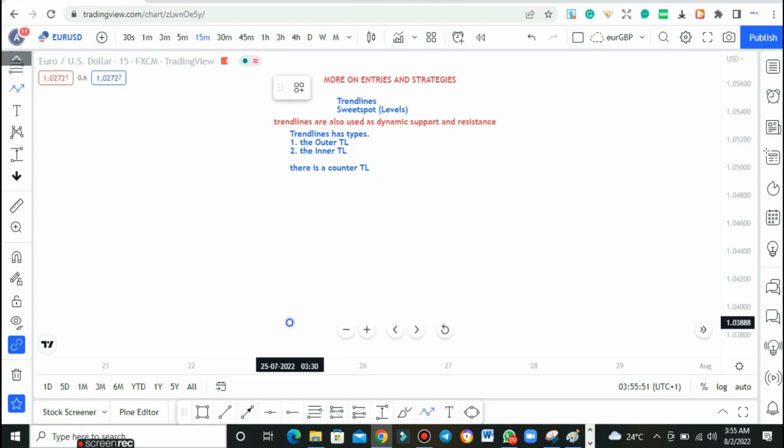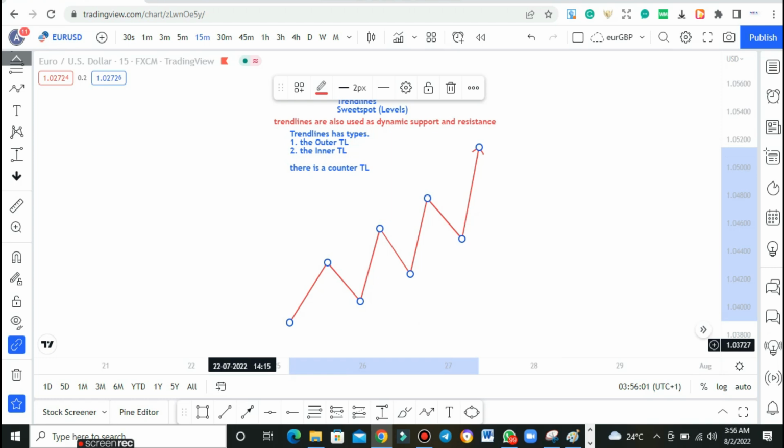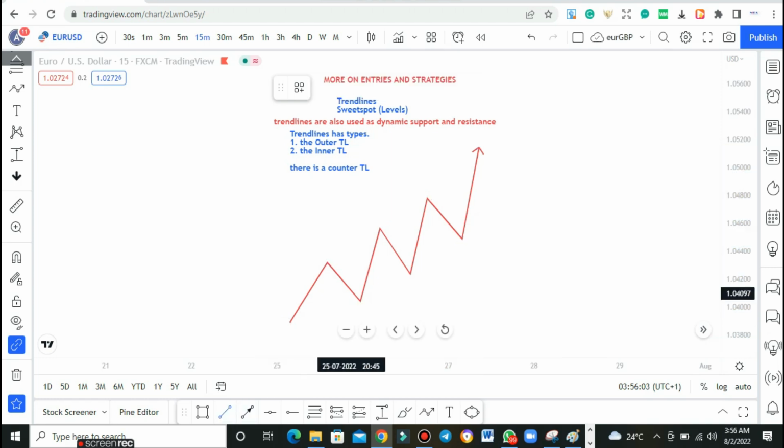So price is just moving. Price is making higher highs and higher lows. You see that now? So this is an outer trend line. This is an outer trend line.